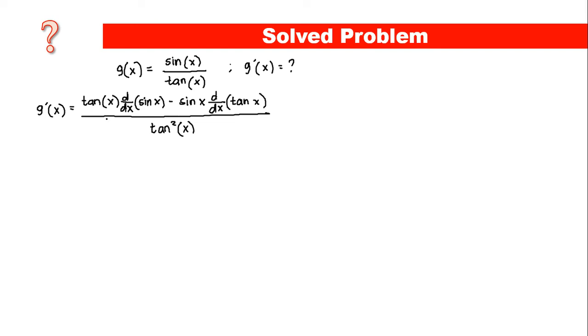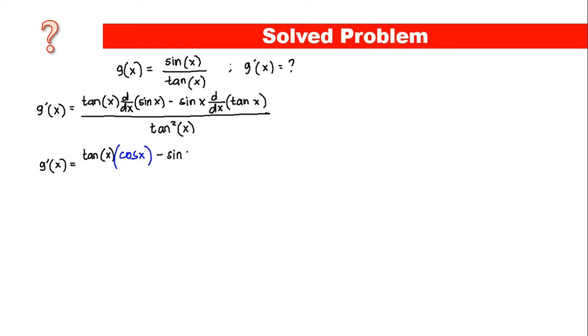Yan. So, kung meron na tayo niyan, simplify natin yung sagutan natin yung mga derivatives, no? So we now have g prime of x equal to tangent of x times the derivative. Ano yung derivative ng sine x? Cosine of x, right?